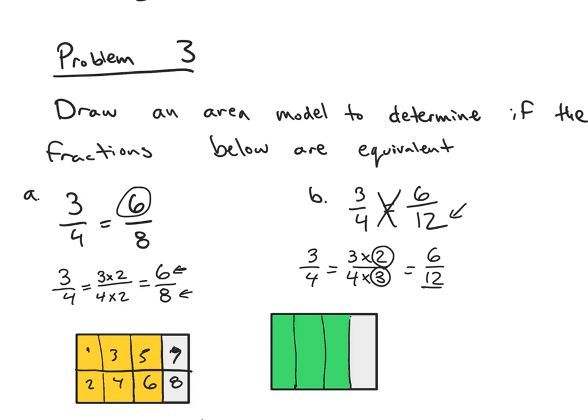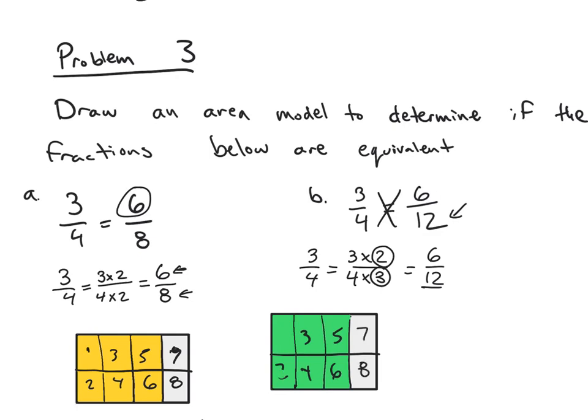No matter how we split it horizontally, there's no way that we can get 6 equal pieces shaded in and 12 pieces total in the entire area model. So if we were to split it in half to get 6 pieces shaded in, 1, 2, 3, 4, 5, 6. We don't have 12 total pieces in the area model, we have 8.